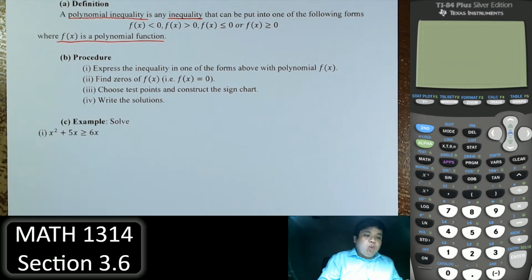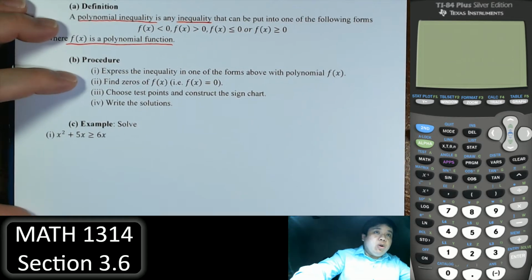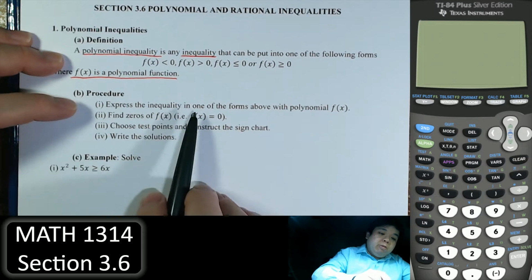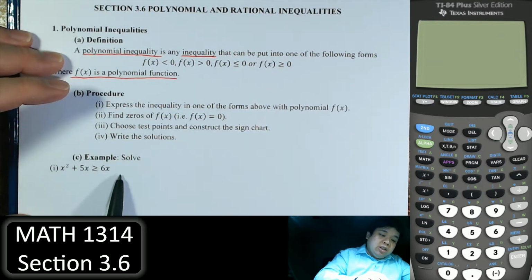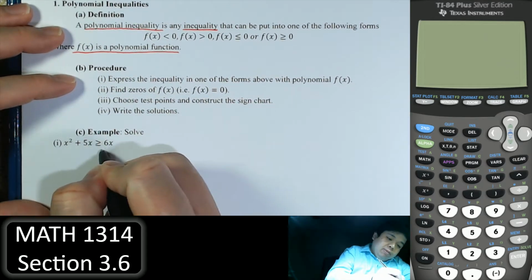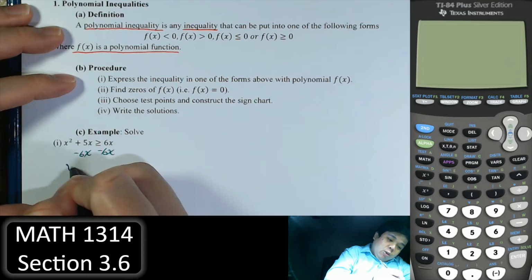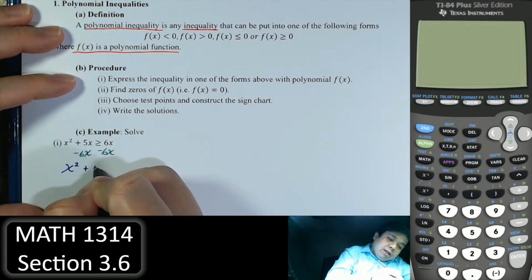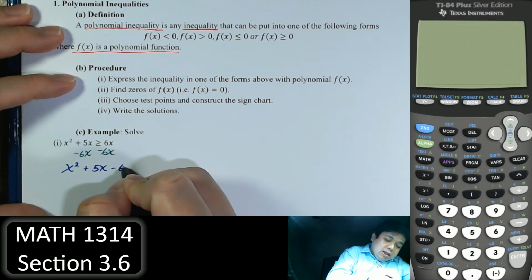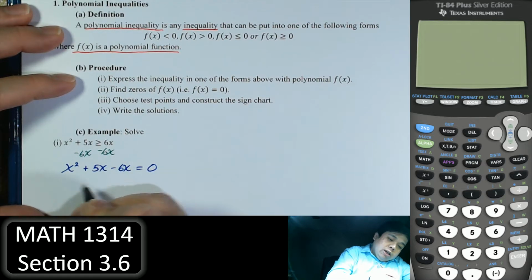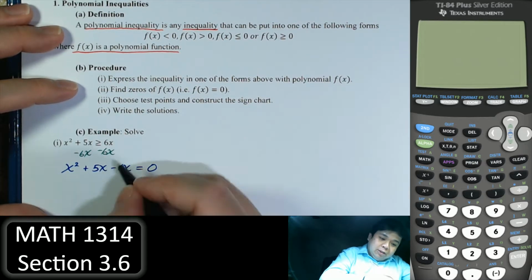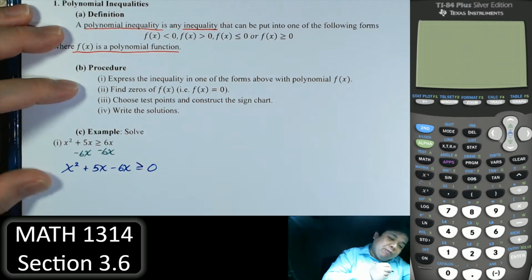Right, x squared plus 5x plus 6. Now if we solve it, first we need to make sure that it is 0 on one side. So we minus 6x on both sides. So that gives us x squared plus 5x minus 6x, greater than or equal to 0.